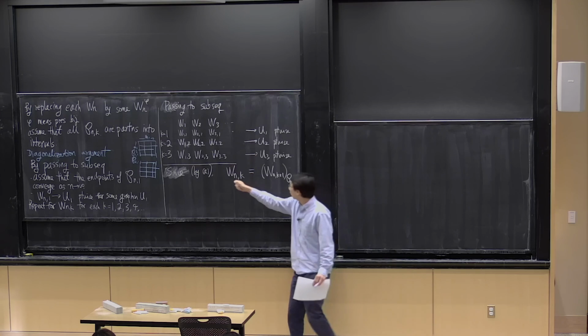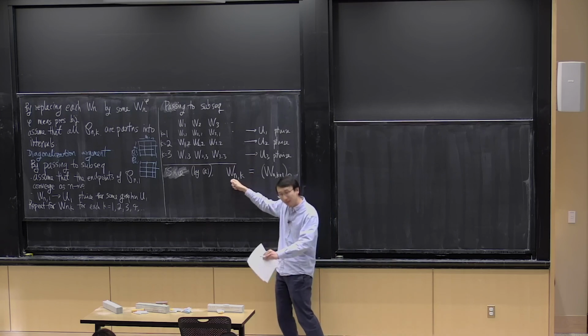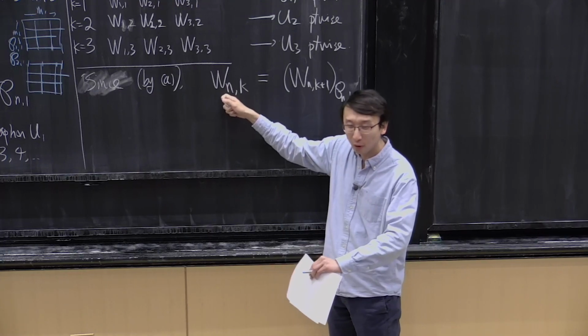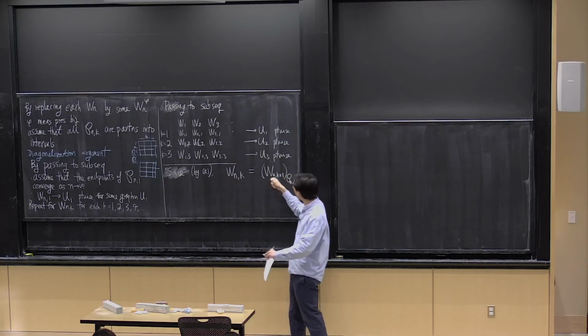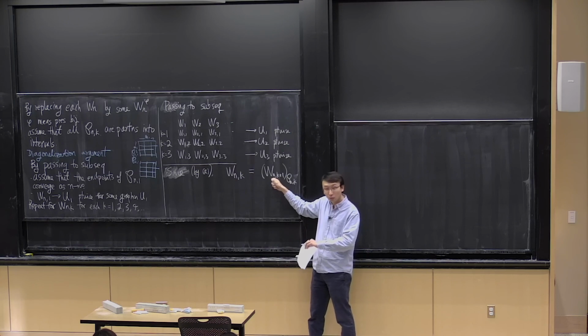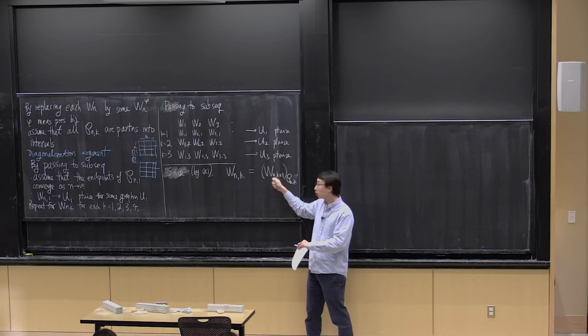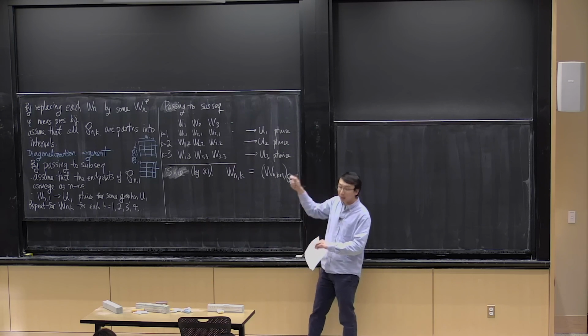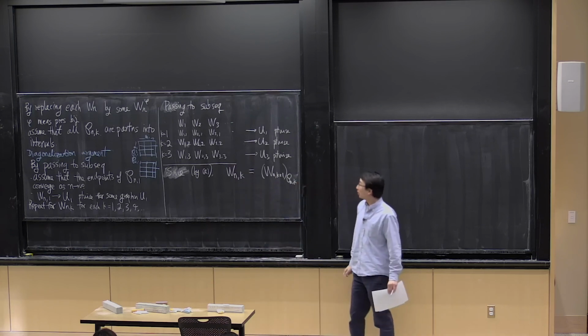Right. So this was the graphon obtained by averaging over the kth partition, and this is the graphon obtained by averaging over the (k plus 1)th partition. So if I average over the earlier partition, I should go back in the sequence.